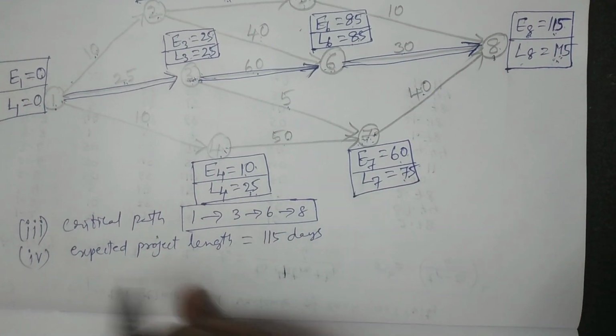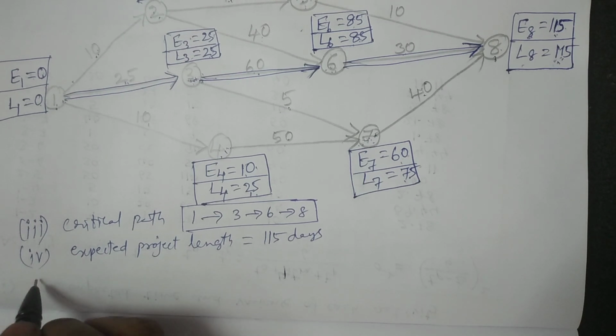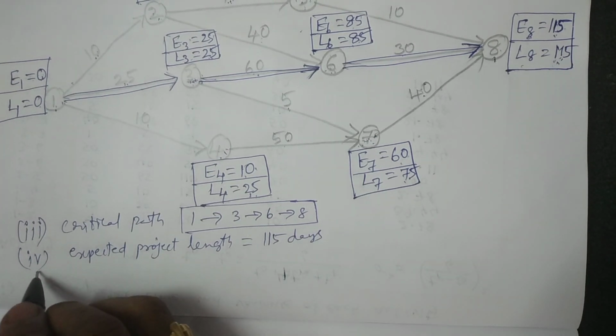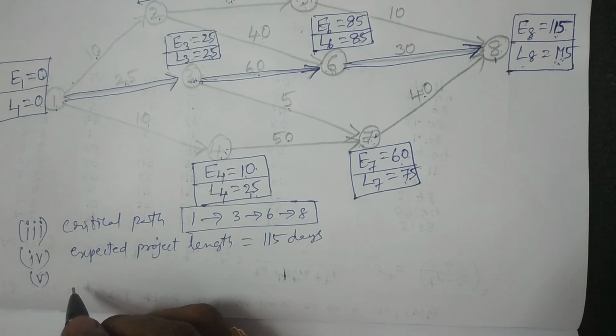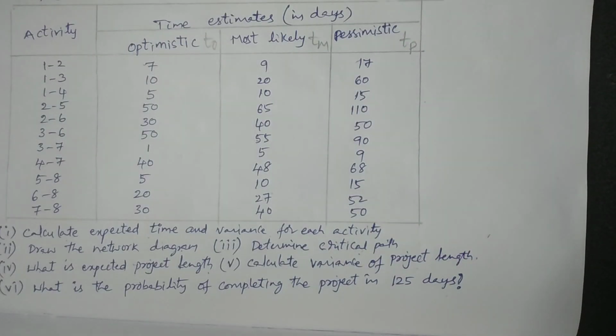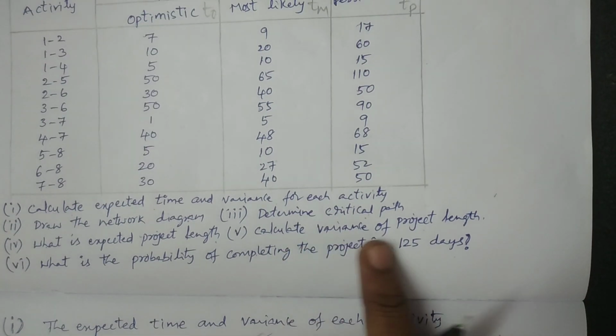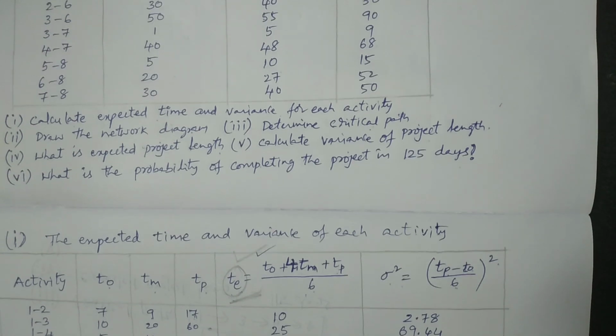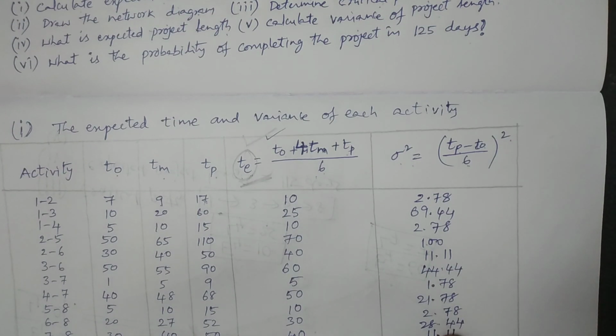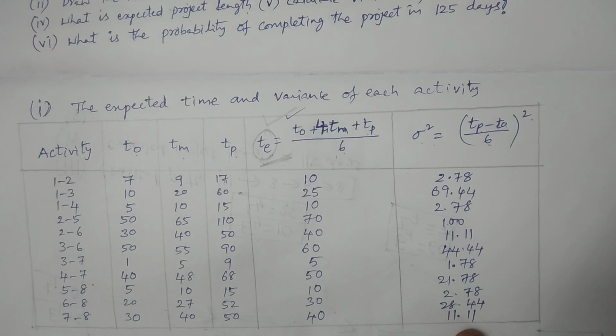And we have to see the next question. That is the fifth question, the variance. Calculate the variance of the project length. It is to be calculated with the help of the variances of the critical activities.